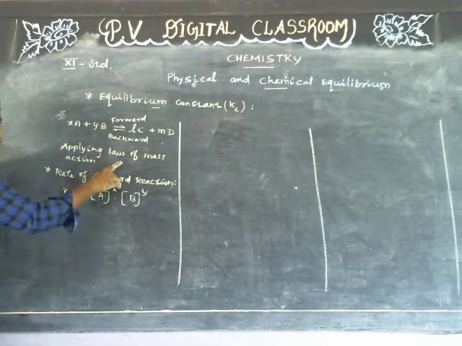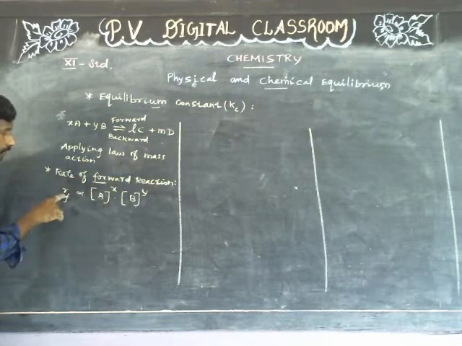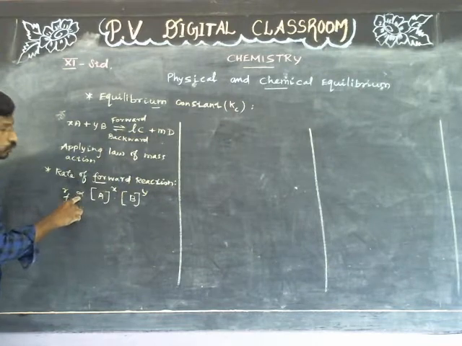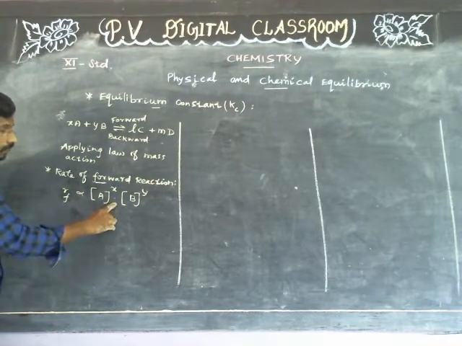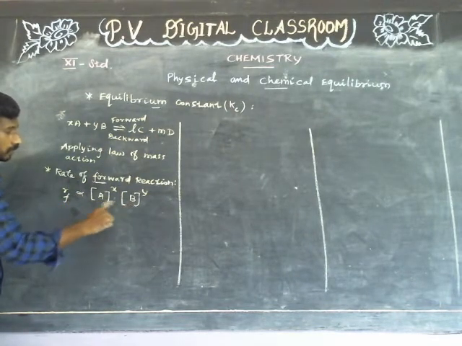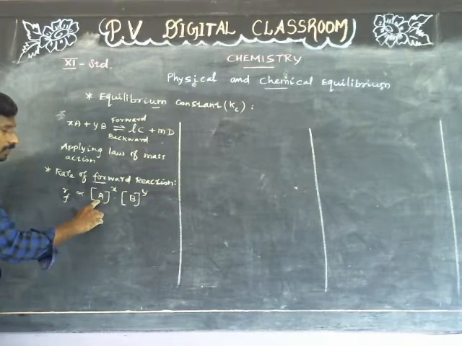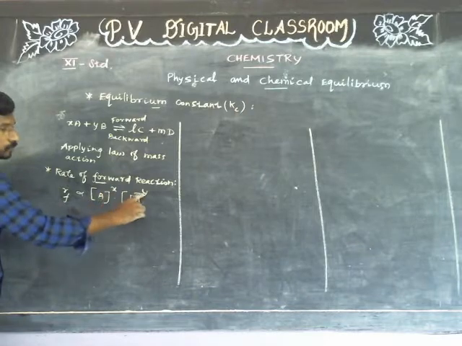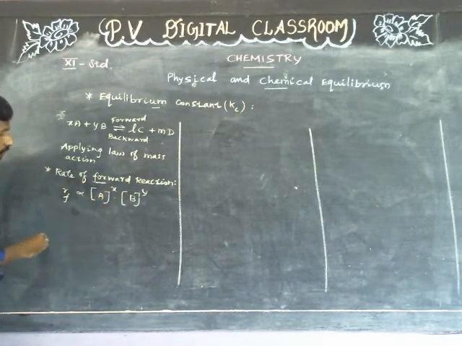According to the law of mass action, the rate of forward reaction is directly proportional to the product of active masses of the reactants, namely A and B, raised to the respective stoichiometric coefficients.